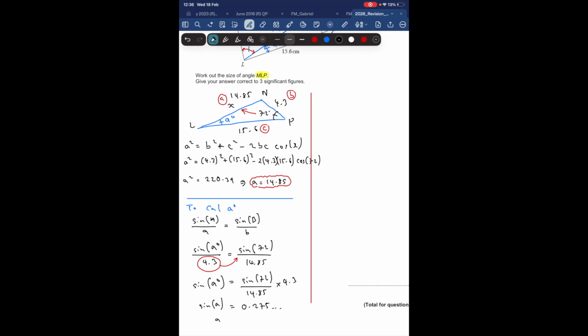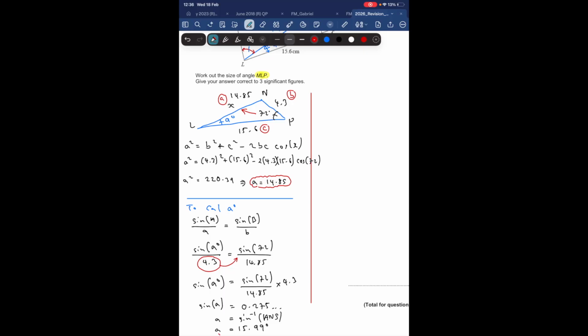So we need to take the inverse sine, and I'm going to use the answer button on the calculator, rather than having to type out this whole decimal again. If I do that and I go shift sine and then use the answer button, I'll get an angle of 15.99 degrees to 2 decimal places.